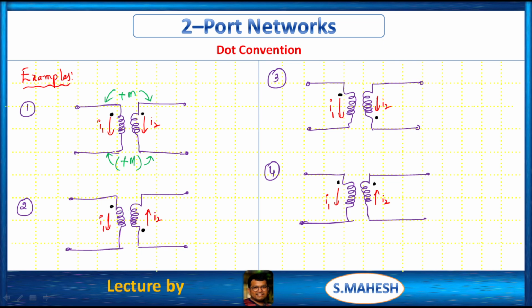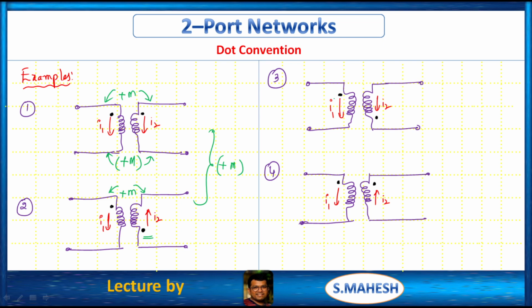From case 2, the current from coil 1 enters from the dot, from coil 2 the current enters from the dot only, then it is said to be plus M. See the current direction and the dot convention. Therefore we can say that the mutual inductance is positive. From 1 and 2, simply this is plus M. That's it.